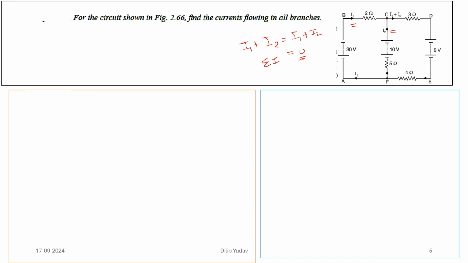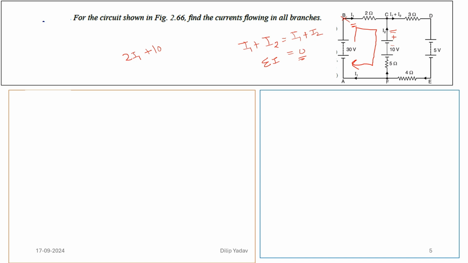If I take the first loop that has been given already, the current direction will be going like this. If I start from this point, it will be 2I1, going downward. The first voltage that we have, this is positive and this is negative.